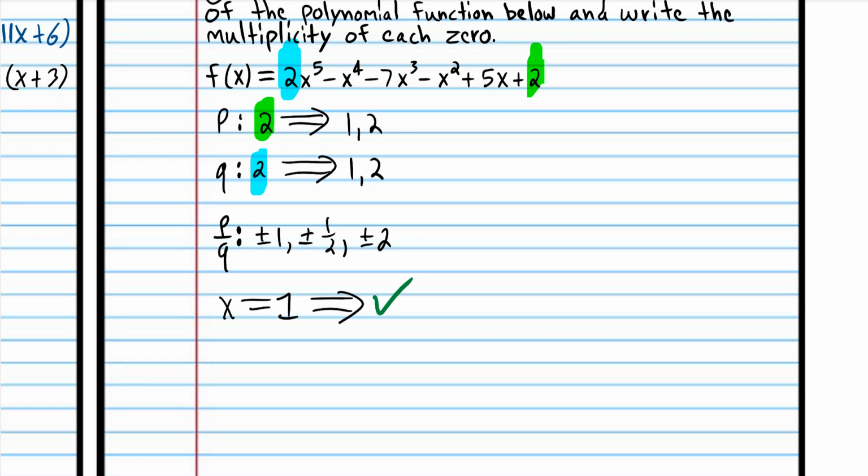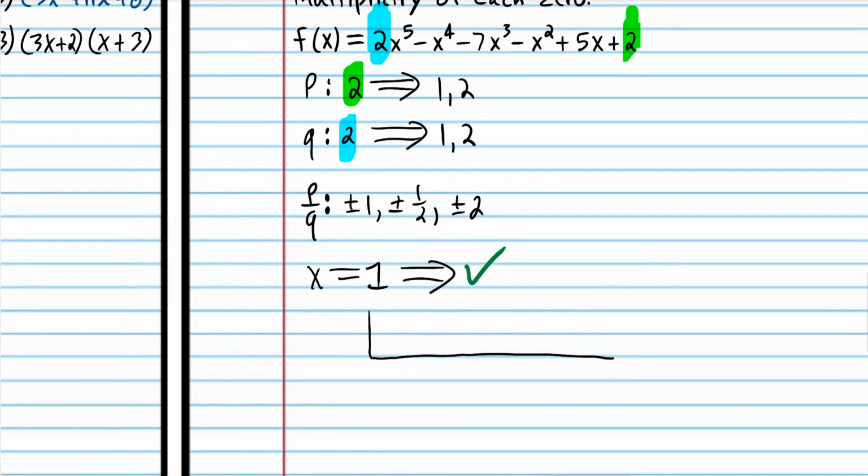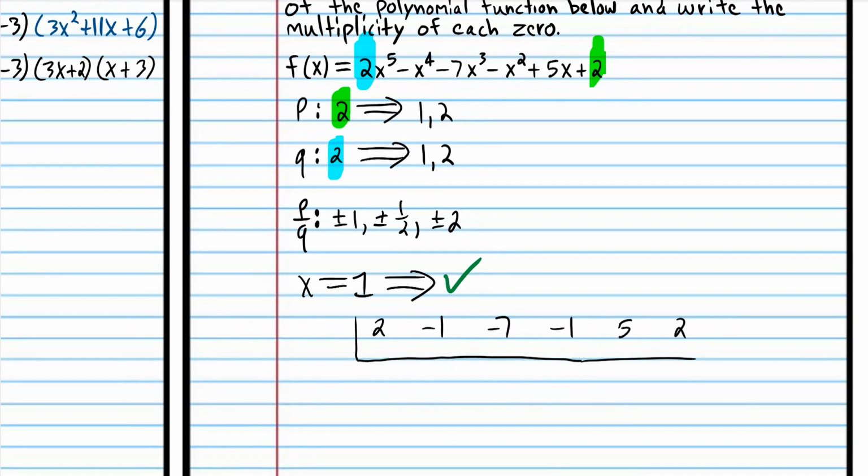Okay, we're back. So let's do the synthetic division. The coefficients are 2, -1, -7, -1, 5, and 2. And we're dividing by x minus 1, so we're going to put a positive 1.